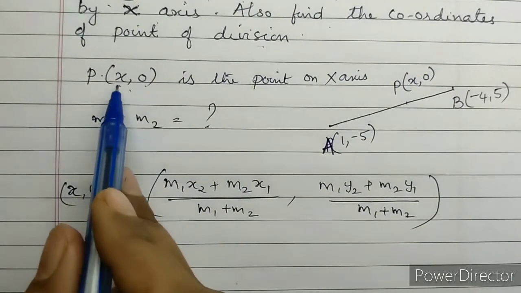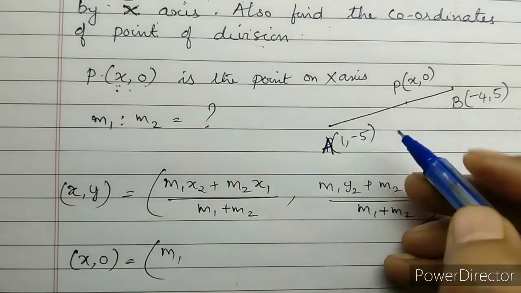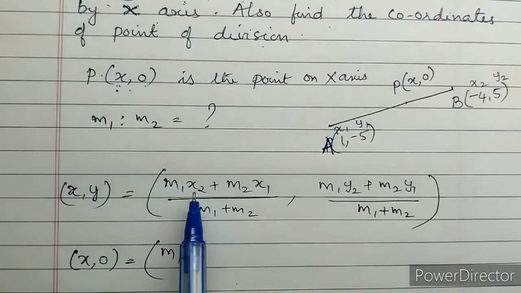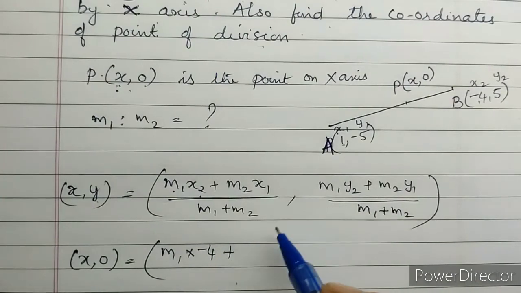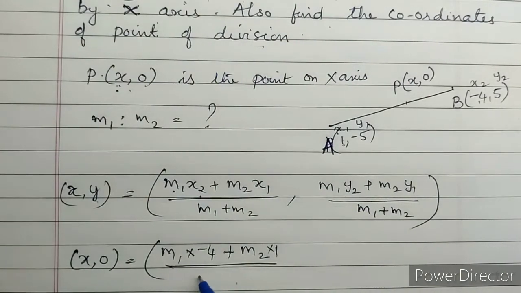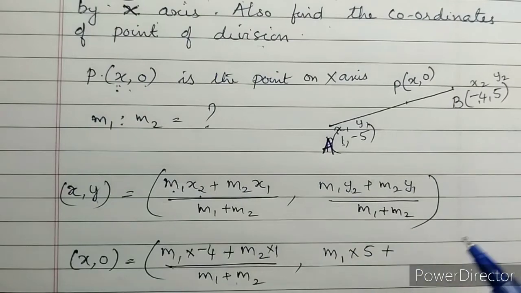Instead of x, y, write P's coordinates, that is x0 equals, m1 you don't know, and this is x1, y1 and x2, y2. m1 x2 means m1 into minus 4 plus m2, you don't know, x1 is 1, divided by m1 plus m2. You don't know both values. Now m1 y2 into 5 plus m2 into y1, negative 5, divided by m1 plus m2.